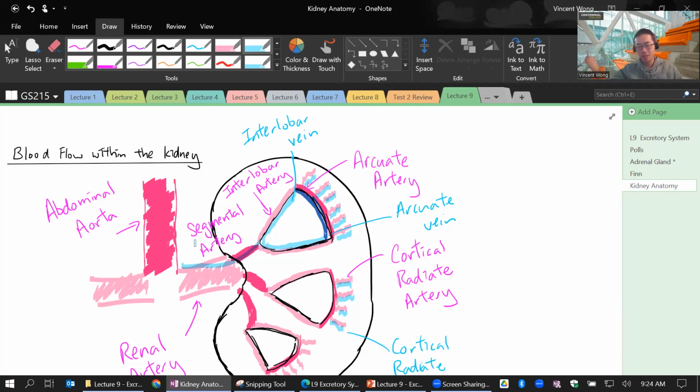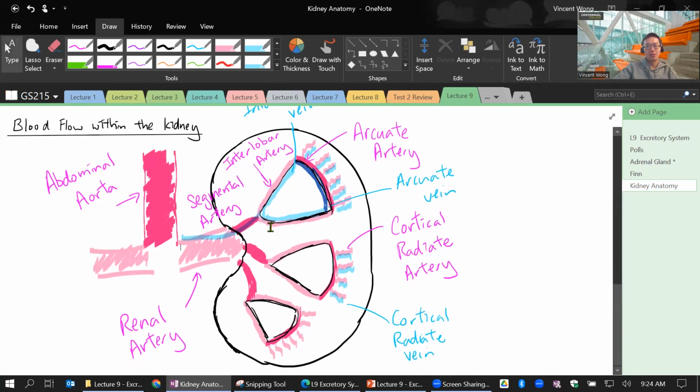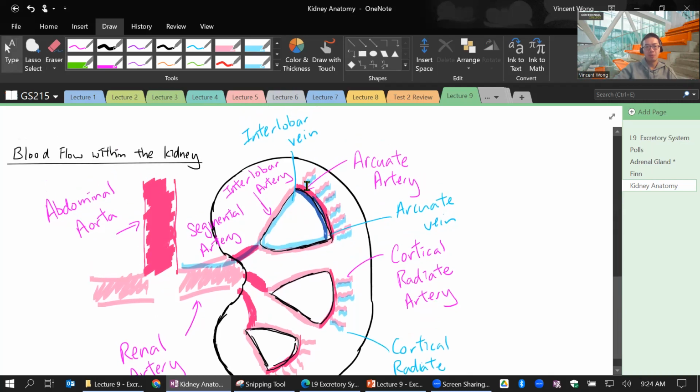Each artery has a vein counterpart, but segmental vein does not exist. Okay, again, I don't know why. It's just the way it is. The people who come up with these labels decided to just skip that. Okay, so from interlobar vein, it just goes directly to renal vein. Right? So in case you read the textbook and you're wondering why is that the case? We don't know.